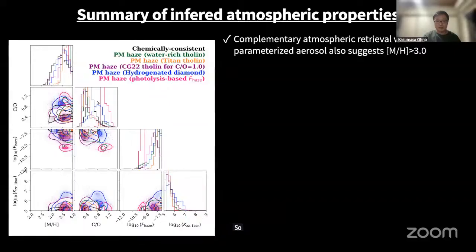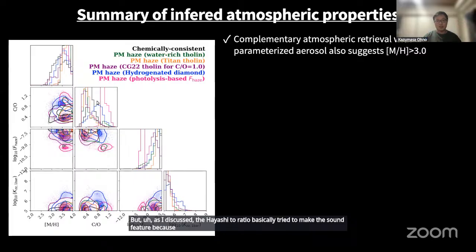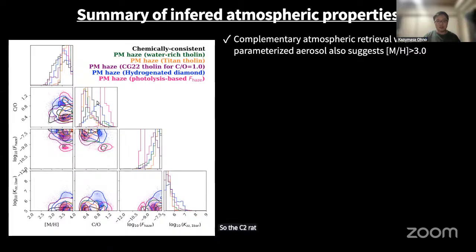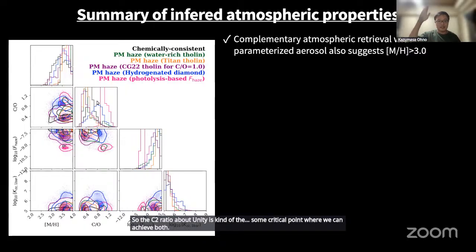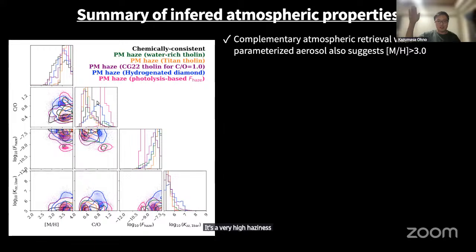So a higher C/O ratio is better to get higher haze production. But as I discussed, a higher C/O ratio tries to make the methane feature bigger than CO2. So a C/O ratio of about unity is a critical point where we can achieve both very high haziness and the CO2 feature bigger than the methane feature.